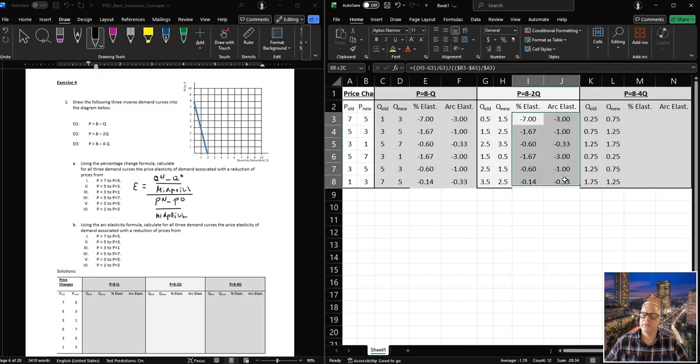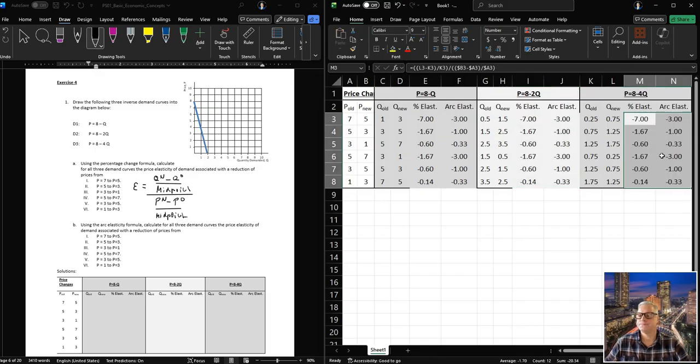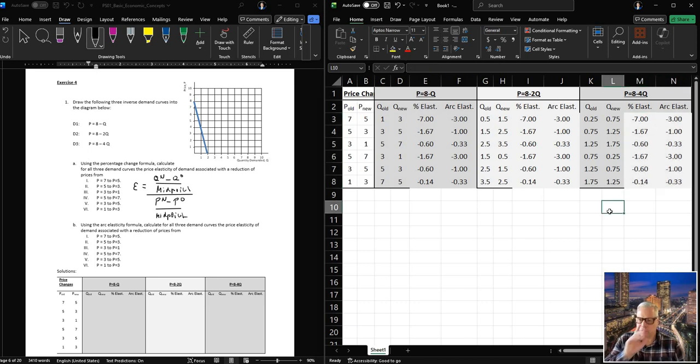Okay, so now the good thing is I can just copy that formula because I put those little dollar signs in there. So now the formulas should work. And you see, again, if you lower the price from 7 to 5 using the percentage elasticity formula, we get negative 7. If you go back from 5 to 7, we get 1.67.